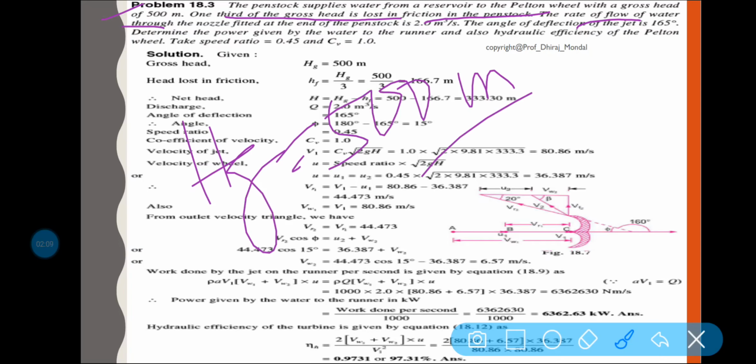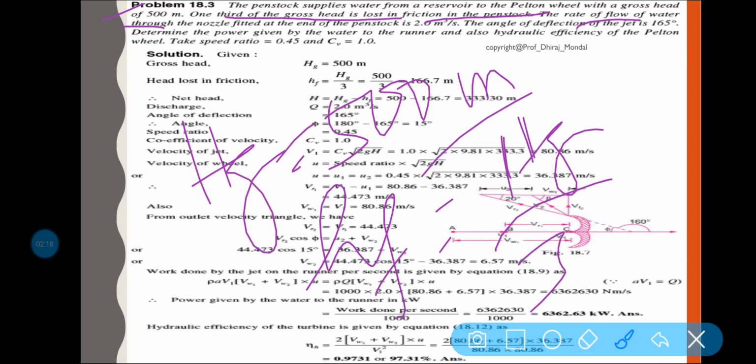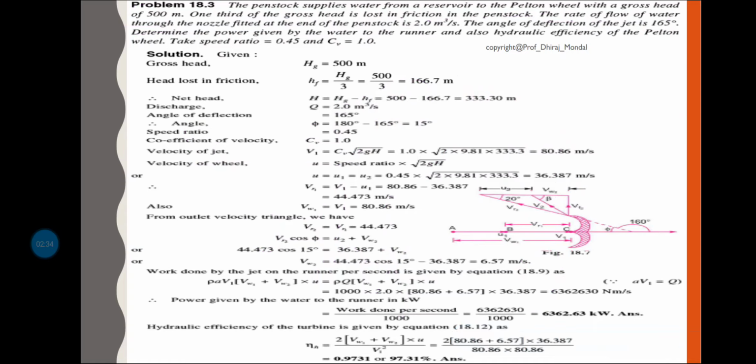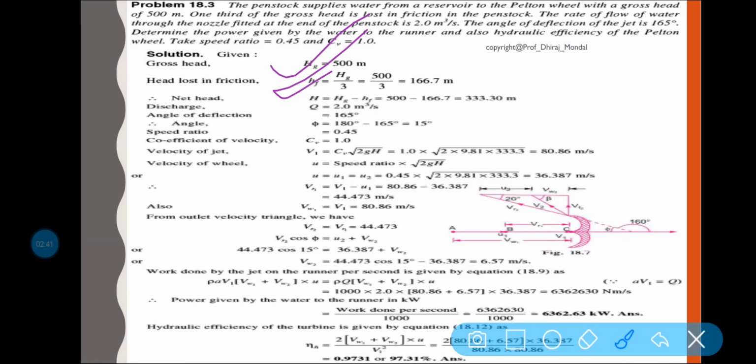One third of the gross head is lost in friction in the penstock, so the frictional head loss is Hg/3. The rate of flow of water through the nozzle fitted at the end of the penstock is 2 meter cube per second. That means discharge is given. Clear? So discharge given, Hg given, Hf you can find out, H net you can find out.